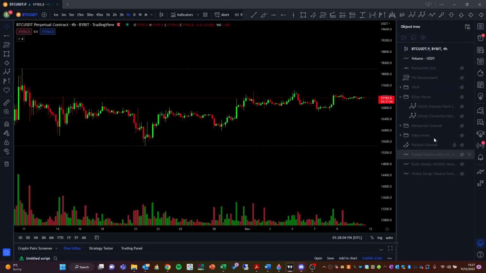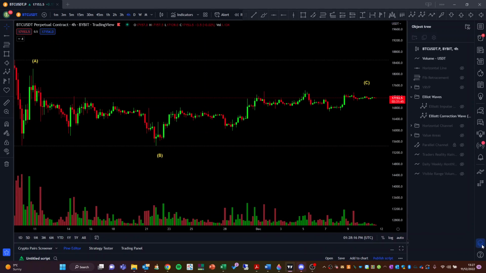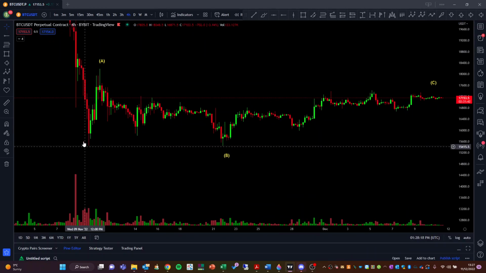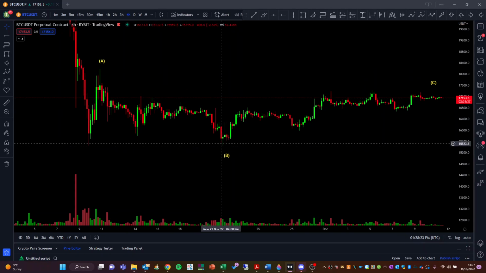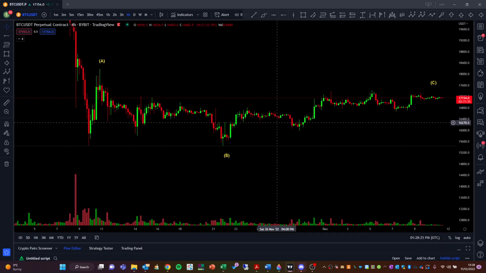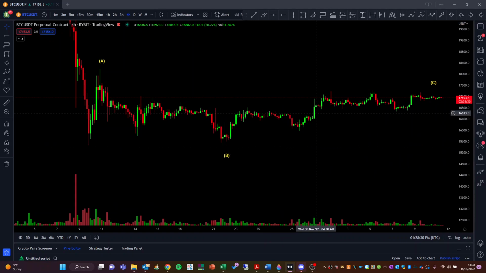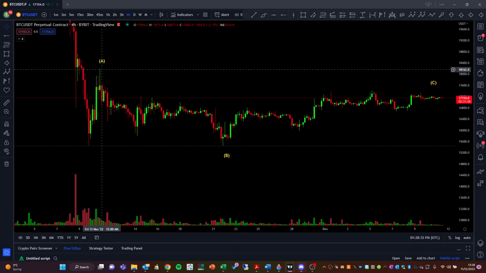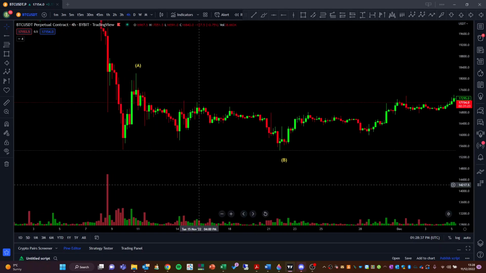Building up. Right, so let me just get rid of that. Let's see what we've got. We want this one. So you can see if you go from down here to up here, that's A, and then from A to B. You can consider A and C to have an Elliott 5 wave embedded within them, and then a corrective between A and B. If we just plot it out and draw it on the chart, you can see quite easily.